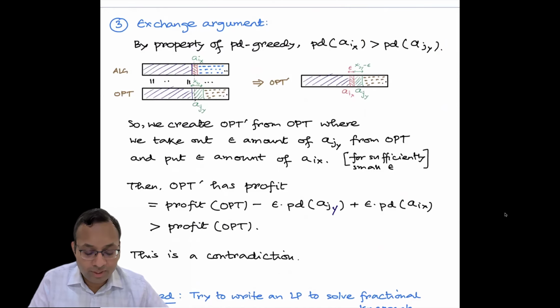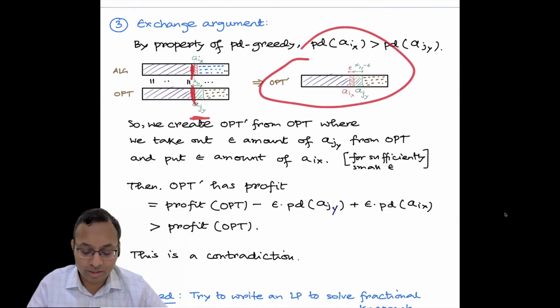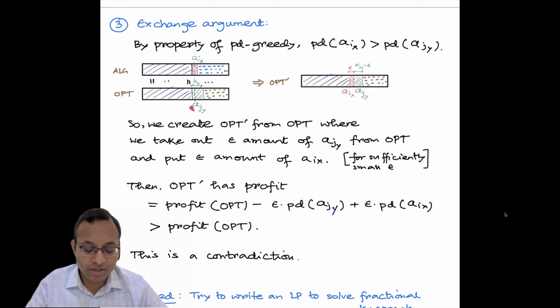Now what we do, we take a small amount epsilon from AJY and remove it, and put the same small amount of AIX here. So opt prime looks like this. Up to this point it was still the same, and then we put a little bit, epsilon amount, of AIX, and earlier AJY was packed in the optimal solution with XJY amount. Now instead of XJY we use only XJY minus epsilon amount for AJY. And we are calling this opt prime.